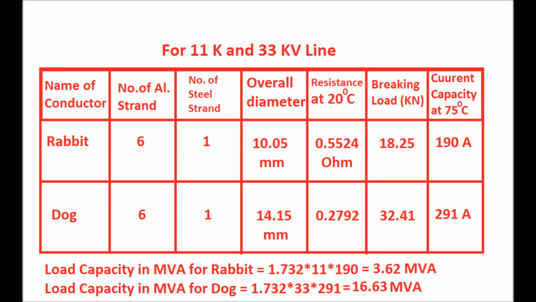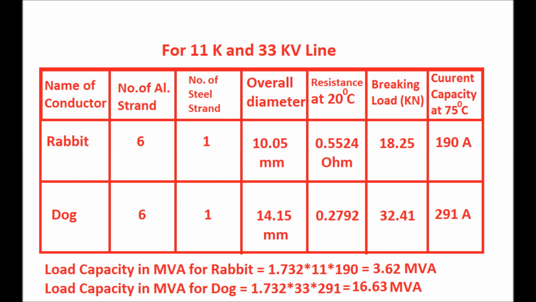For 11 kV and 33 kV lines: for an 11 kV line, the ACSR conductor normally used is the rabbit conductor, and in the rabbit conductor the number of aluminum strands is 6 and the number of steel strands is 1. So there are only two layers, the inner layer of steel strand and the outer layer of aluminum strand. The overall diameter of this type of conductor is 10.05 millimeter.